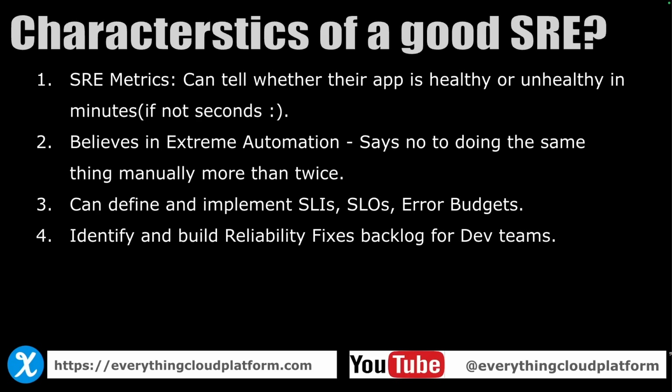You are able to identify and build a reliability fixes backlog for dev teams. As you support these applications, as you are closer to the health of your application systems, and as you have been doing the postmortems after the production incidents that you run into, you should be able to identify a series of reliability fixes or tech debt that your dev team should take up to further strengthen the reliability or harden the system, if you will.